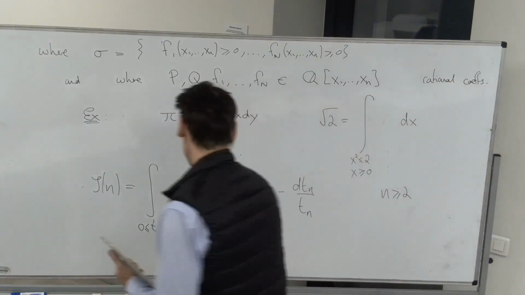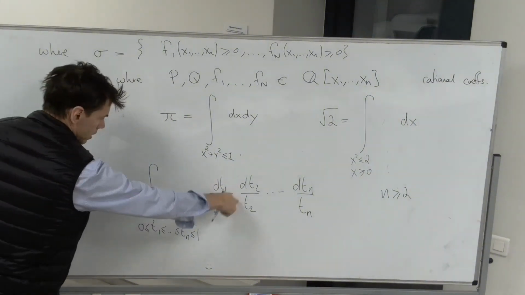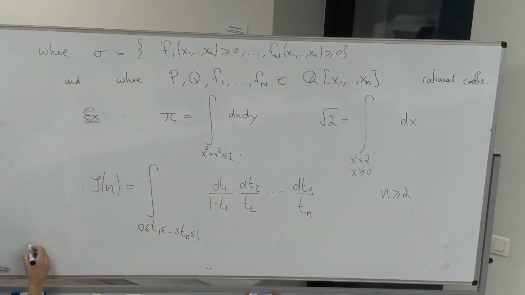And to prove this, again, it's an exercise, but the idea is that you do a geometric series expansion here. So dt1 over 1 minus t1 is the sum of t1 to the k dt1.